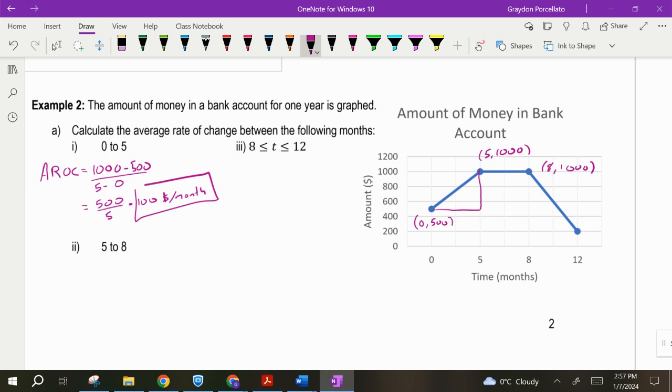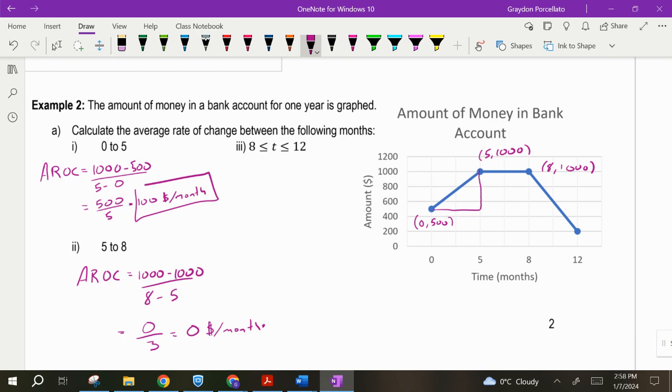So if I want to do the same thing here, average rate of change is equal to 1,000 minus 1,000 over 8 minus 5, which is equal to 0 over 3, which is just equal to $0 per month.